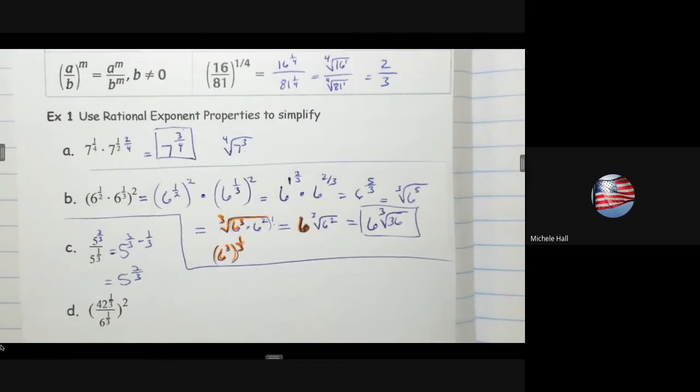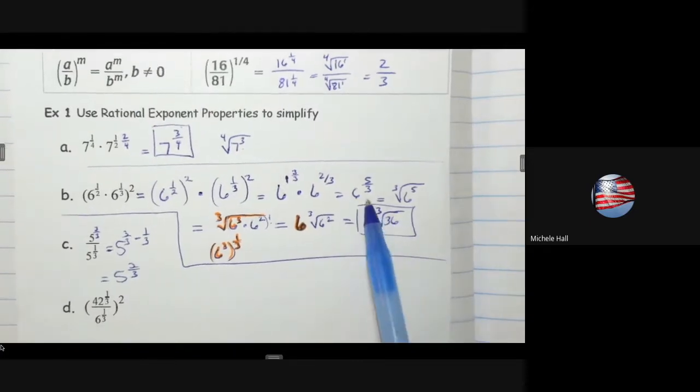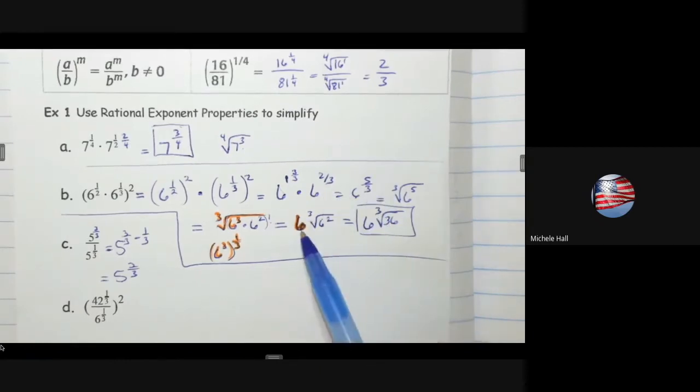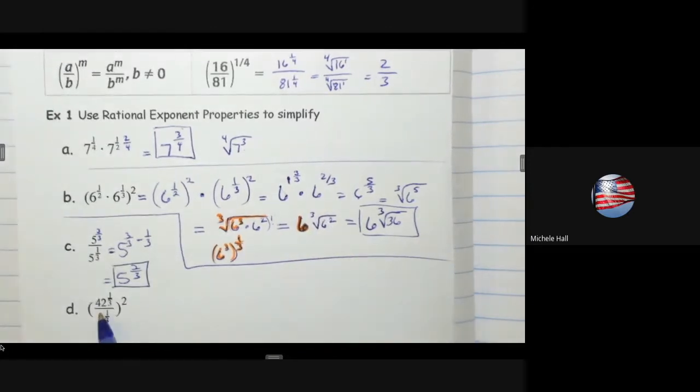It's not improper. When I get an improper fraction, that lets me know there's going to be some reducing here. How many times can 3 go into 5? Once. We get 1/6. And there is 2/3 left over. 42 to the 1/3, 6 to the 1/3, and it's all being raised to the second power.